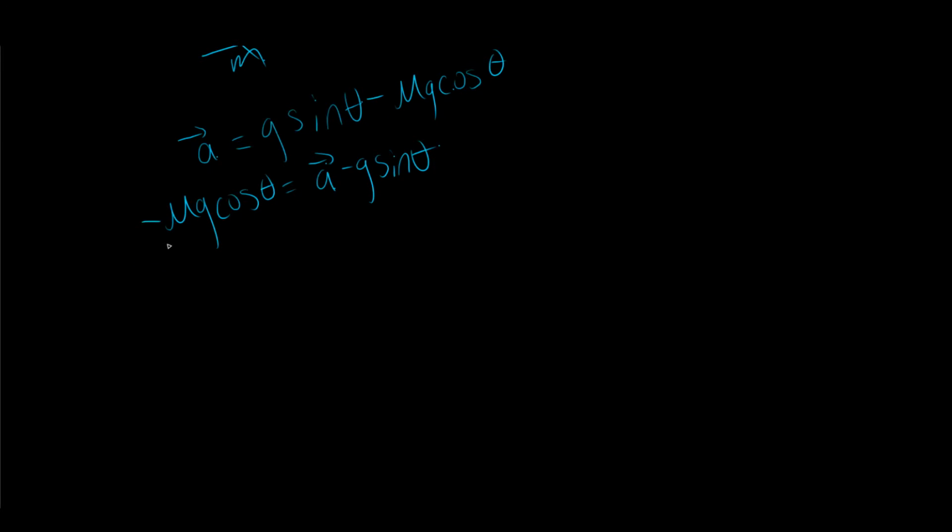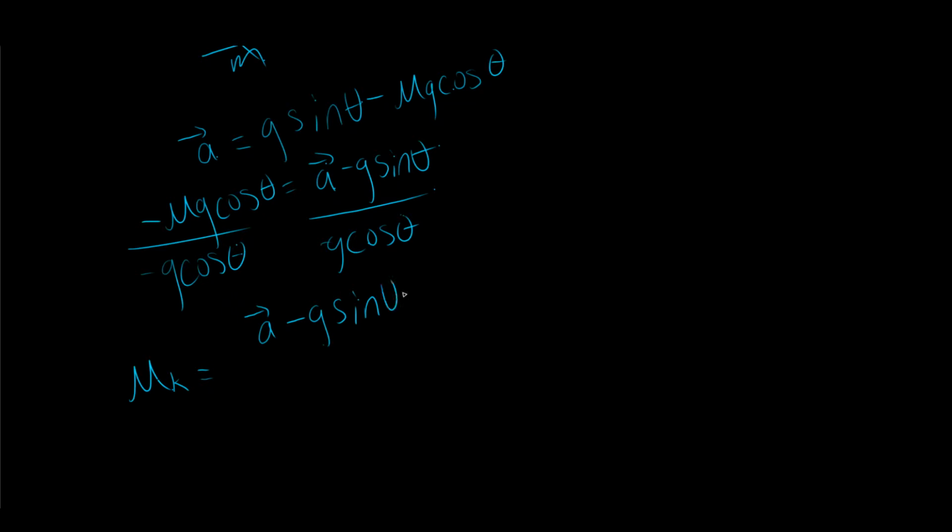So I can divide by negative g cosine theta on each side, and I get that mu, or the kinetic coefficient, whatever you want to call it, is going to be equal to the acceleration minus g sine theta over negative g cosine theta, right?